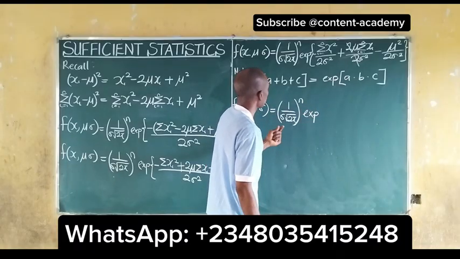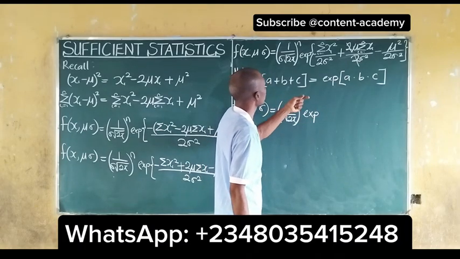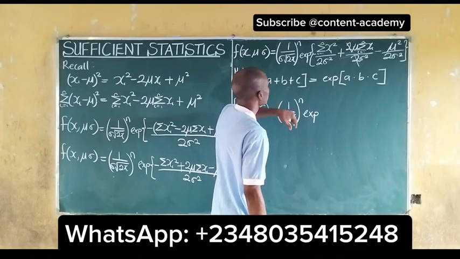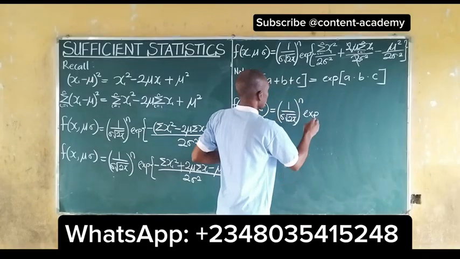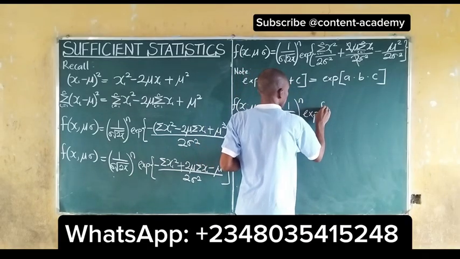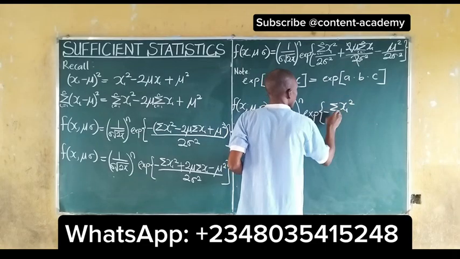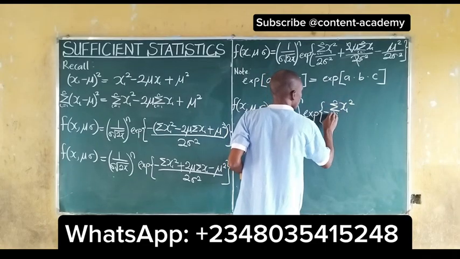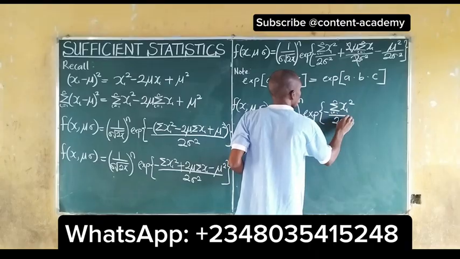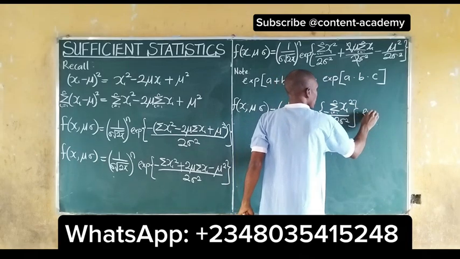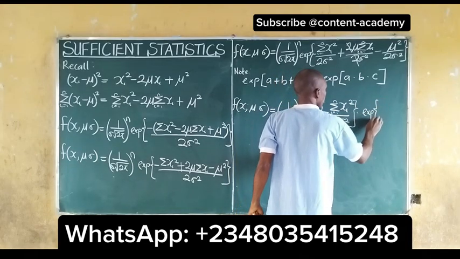Now, which one depends on mu, and which one depends on x alone? Now we have exponential negative summation of xi squared as i running from 1 to n all over 2 sigma squared, multiplied by exponential.